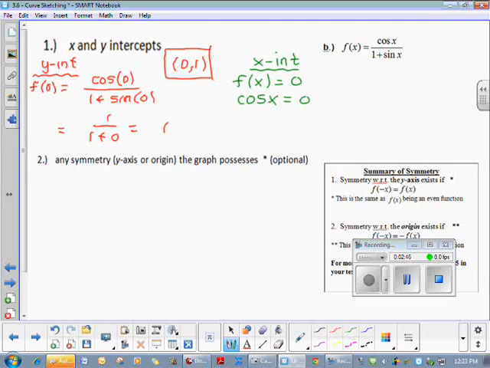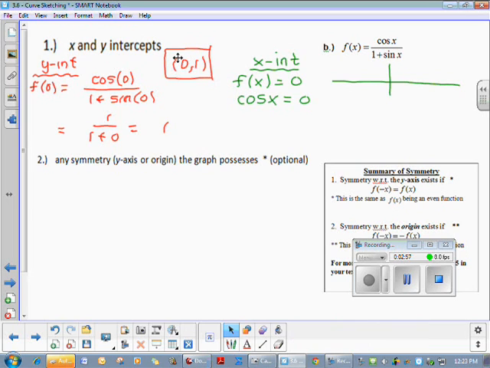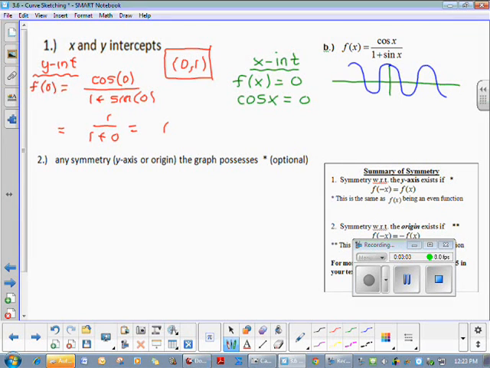Well, it turns out that cosine of x equals 0 many, many times. Lots of different ways that you guys could go about finding this. One of my favorite ways is just to think about what the sketch of the cosine curve looks like through a few cycles. Looks something like this. And we find out, well, what are these particular x value positions where the graph does indeed cross the x-axis?